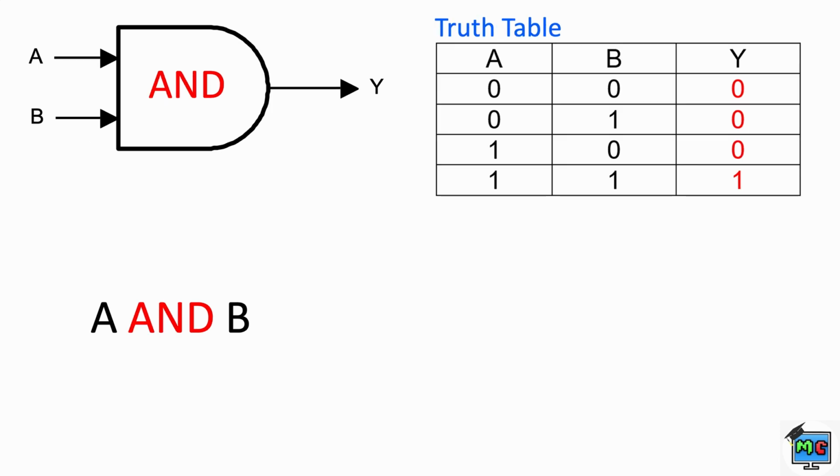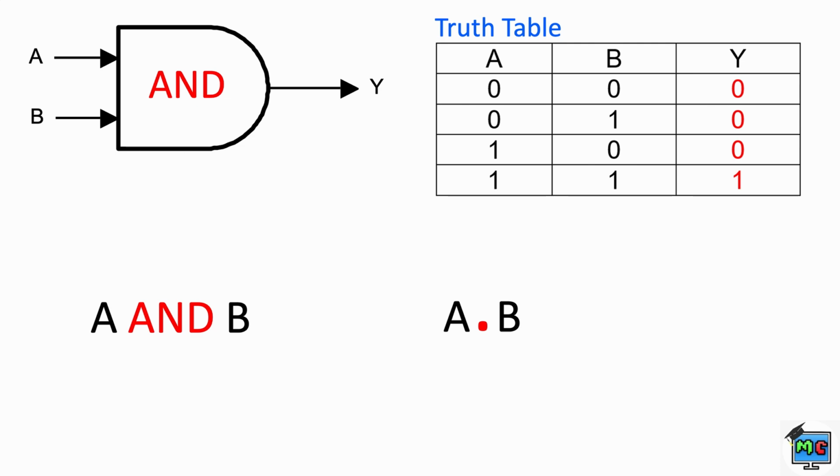Next one, the AND gate. Again, we have two inputs, input A and input B. What do you think the symbol for AND is? Can anyone remember? A simple dot. That indicates the AND gate. Input A and input B going through the AND gate.